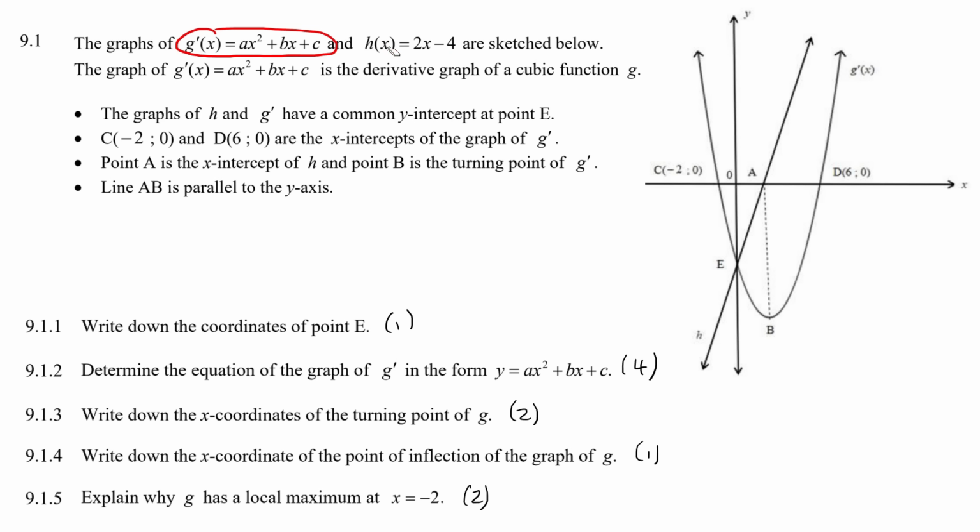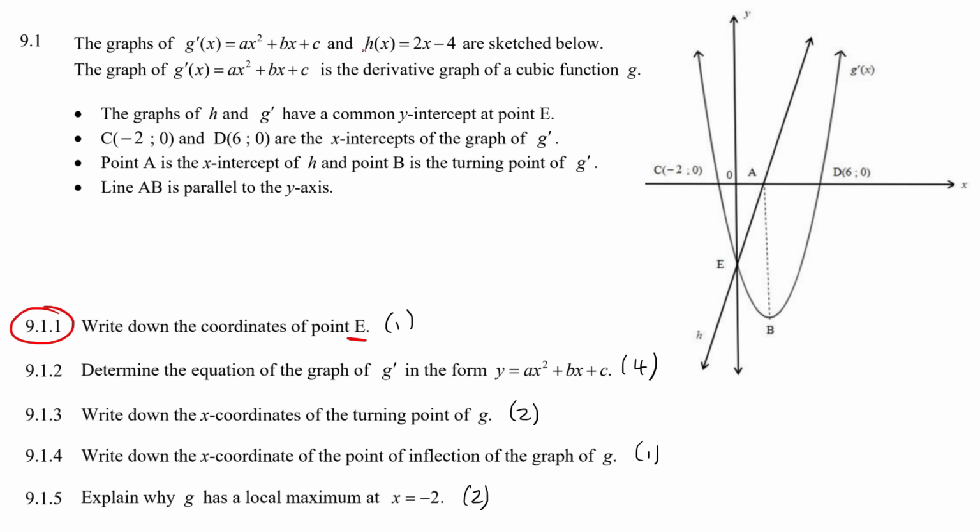Yes, of course. If you have a cubic function and you then take the first derivative, you end up with this, okay? The graphs of h and g have a common y-intercept at point E. C and D are the x-intercepts. Point A is the x-intercept. Line AB is parallel. Okay, so first question, write down the coordinates of point E.